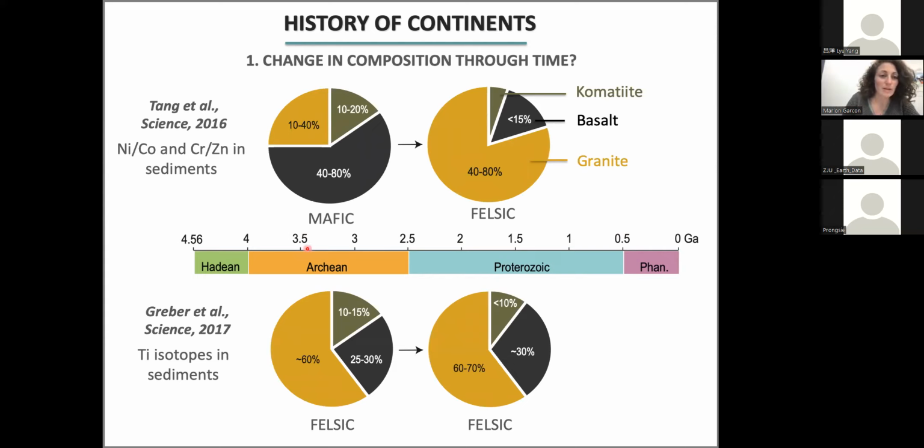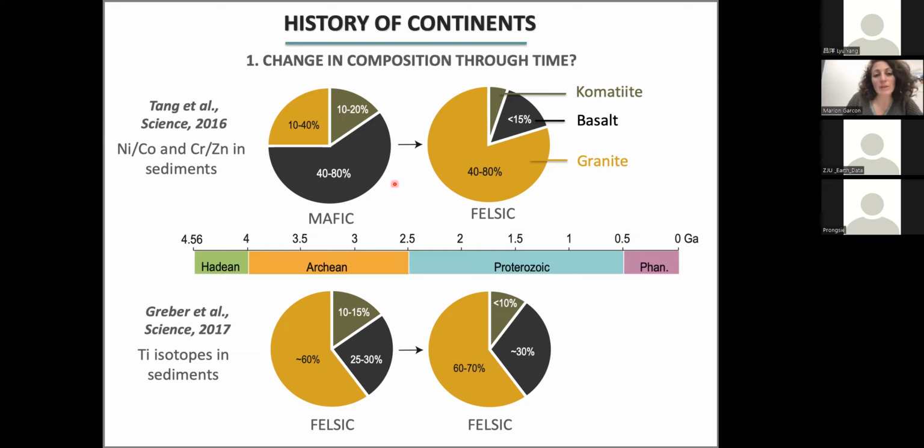So this study here in Science in 2016, which was based on trace element ratios in sediments, concluded that the continental crust was probably mafic in the Archean. So mafic here, you can see that it's mostly made of basalt in black, and then komatiites in green.